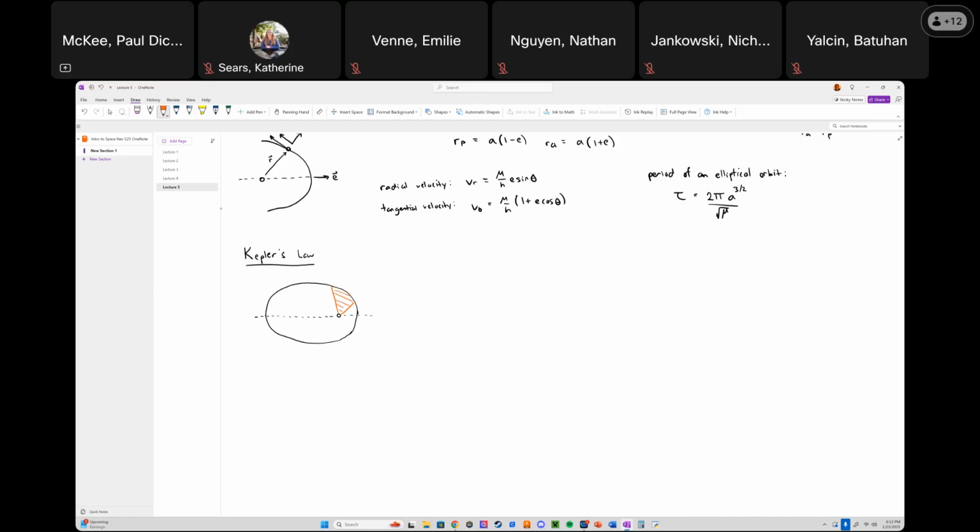Let's call this area A1. And let's say that the spacecraft starts here at some time T1, and then later at some time T2, it's here.